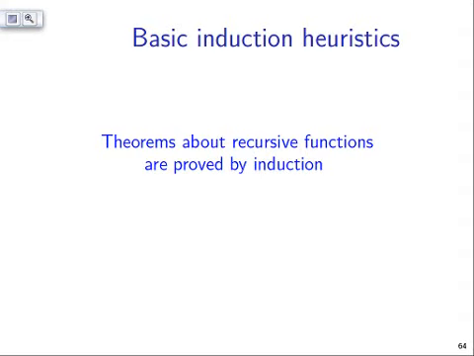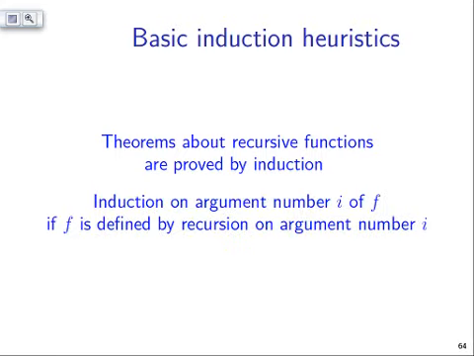It's a fairly obvious one: if you want to prove a theorem about a recursive function, you prove it by induction. Not necessarily. Of course, you can prove trivial theorems without induction, like f of x equals f of x doesn't require induction. But if you have any interesting property about a recursive function, it will most likely require induction. Now, that leaves the question on which argument to induct on if the function has multiple arguments.